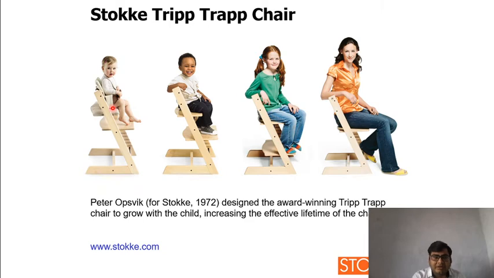It can be used by a small toddler, by a child, by a teenager, and also by an adult by changing only some aspects. So this is an example of design for environment where it can be reused by different age groups of people.